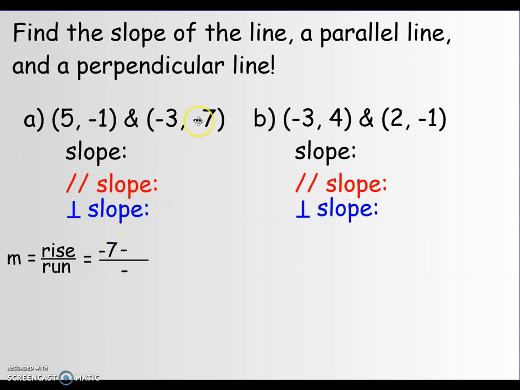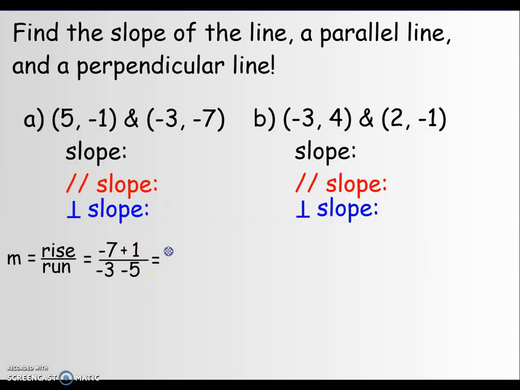So maybe I start with -7. So I'm going to put that -7, this y value right here, minus -1. Now watch how I handle the -1. Oh, do you see how the negative for the 1 made that minus a positive? And in the bottom, if we have a -3 here, then we're going to subtract 5.